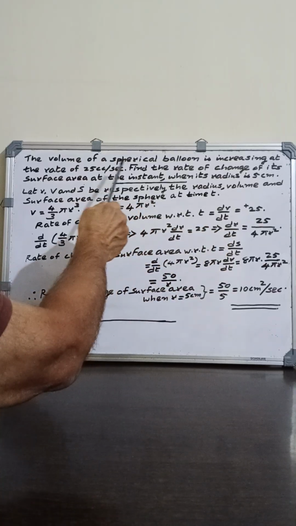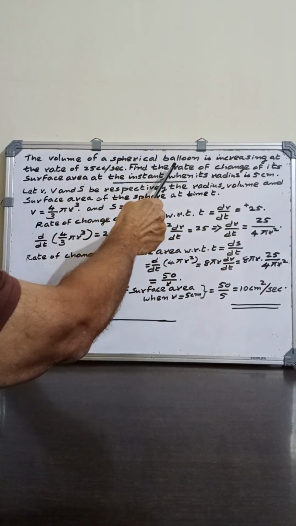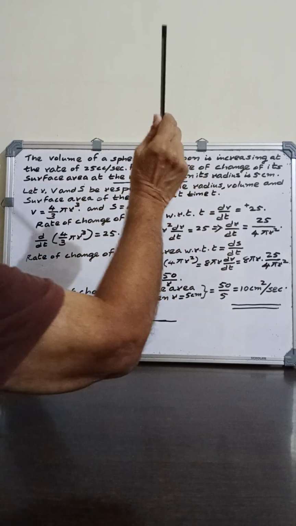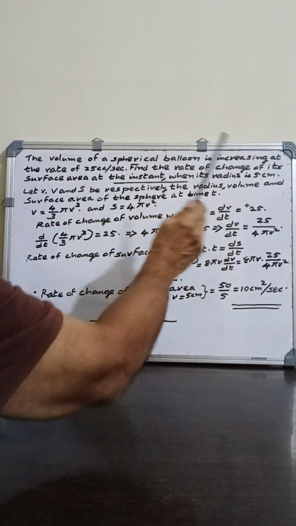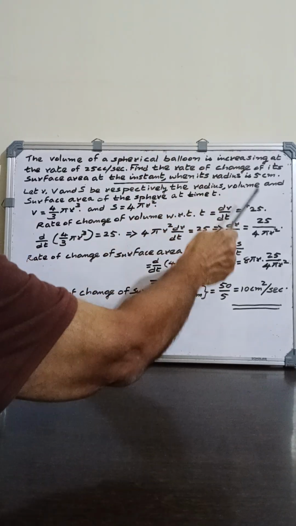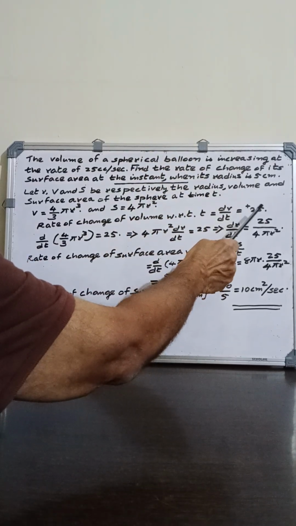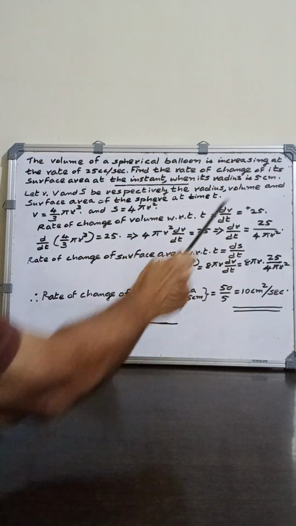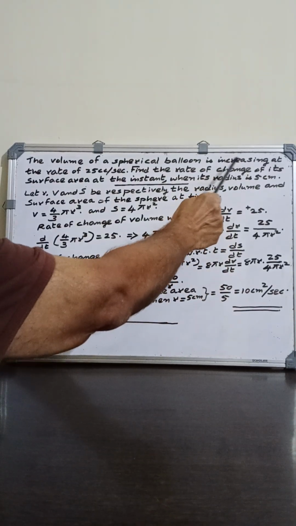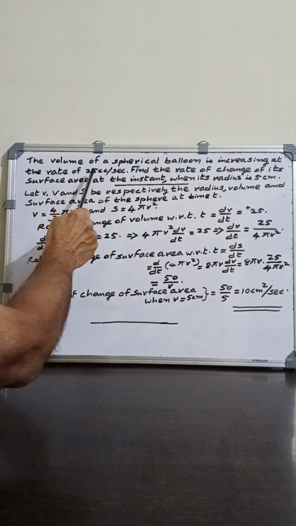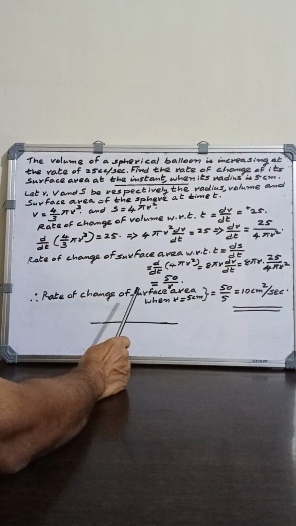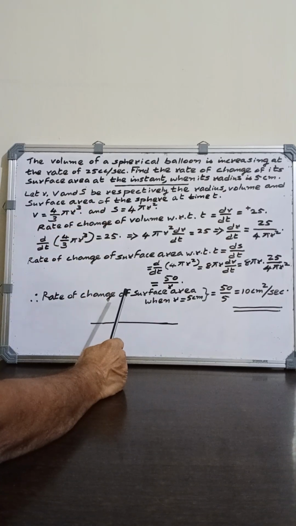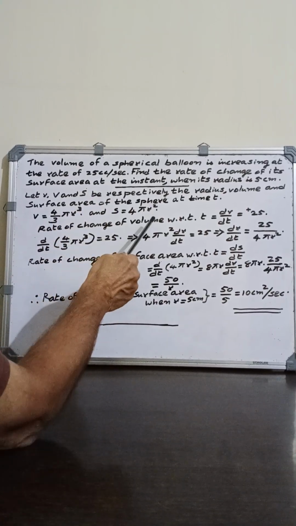Why? Because the volume of the spherical balloon is increasing. Therefore plus 25. If it is decreasing, then we can put minus 25. Here plus 25 for increasing at the rate of 25 cc per second.